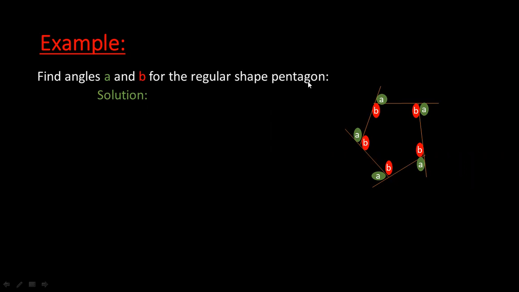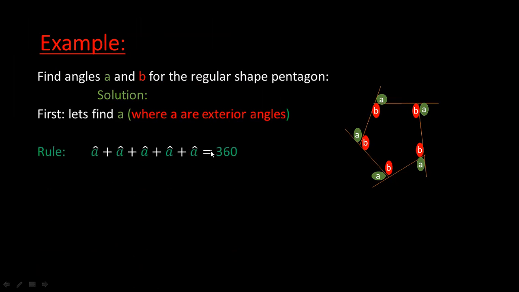To solve this, first let's see the exterior angles, which are in green. Let's find them by using the formula of exterior angles, as I told you a minute ago.